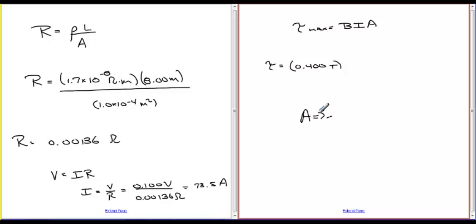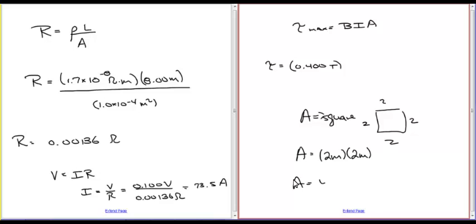Well, the area of the loop is the area of a square. The square is made up of these dimensions, 2, 2, 2, 2, so we add them all to get 8 total. And so the area is just 2 meters times 2 meters. It's just the product of the two sides, which is 4 meters squared.